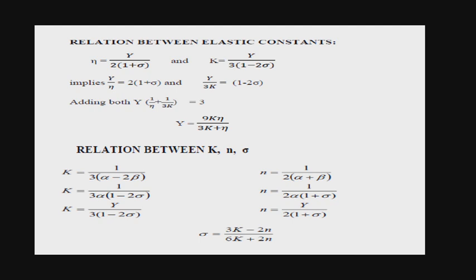If we take the equation 3 into 1 minus 2 sigma is equal to 2 eta into 1 plus sigma, equate these two. If sigma is a positive quantity, then 1 minus 2 sigma should be positive. And for the second limit, if sigma is a negative quantity, 1 plus sigma should be positive. This is for 2 marks.